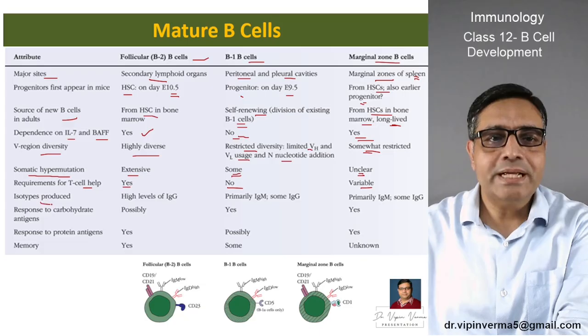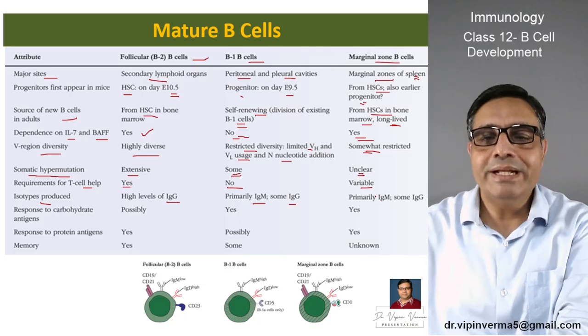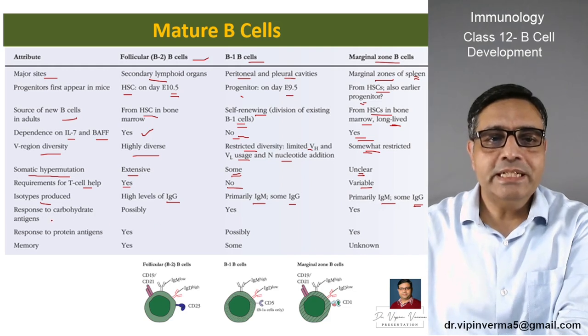If we see the isotypes which are produced by the follicular B cells, there are high levels of IgG. In case of B1 B cells, primarily they are IgM and some IgG, while in case of marginal zone B cells, they are primarily IgM and some IgG, as in the B1 cells. If we see the response to carbohydrate antigen, in case of follicular B cells, it is possible.